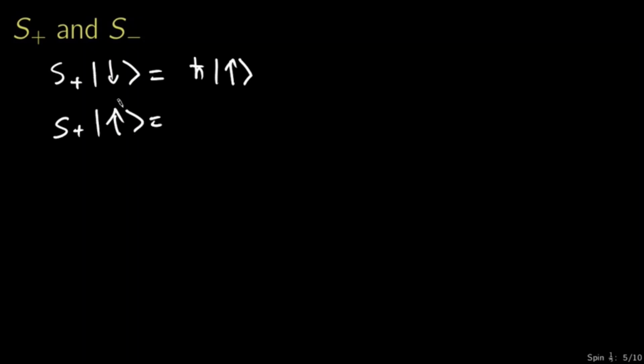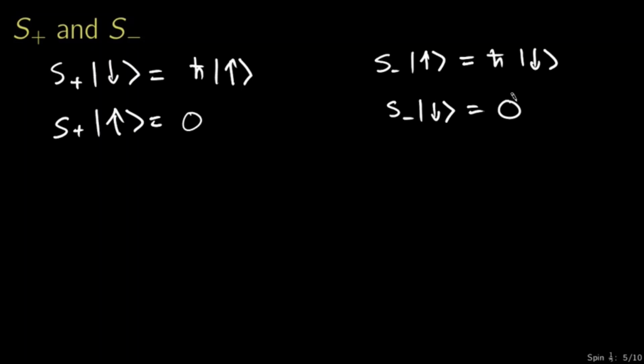We can't raise the up state any higher than it already is. This gives us 0. Similarly, s minus acting on the up state lowers down to the down state with the same proportionality constant, h bar, and s minus acting on the down state, we can't lower it any more than it already is, gives us 0.